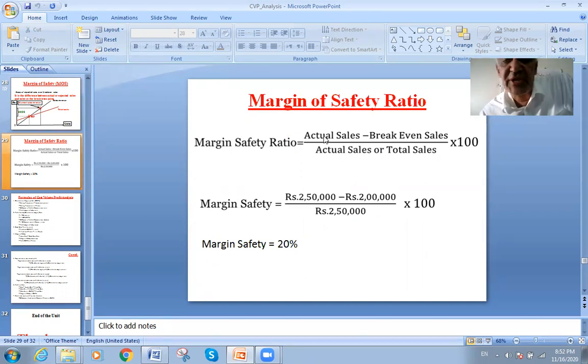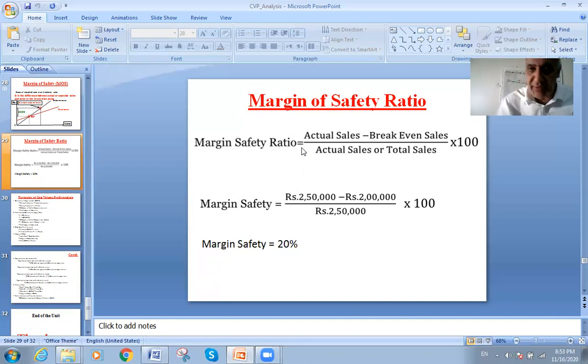So if I tell you, as an example, the actual sales was 250,000 rupees, and the break even sales is 200,000 rupees, you would say the actual minus the break even, divided again by the actual, multiplied by 100% to get it as a percentage. So the margin of safety simply will be over the real sales of the break even point.